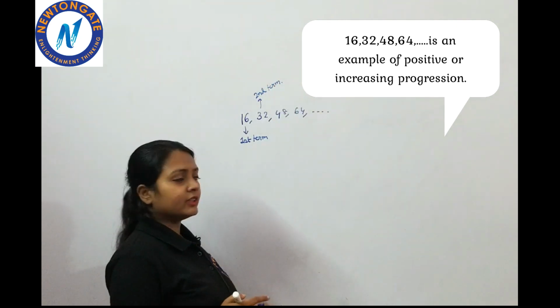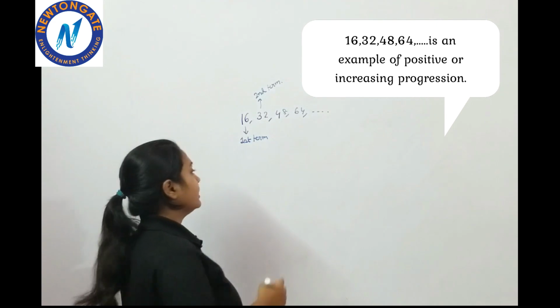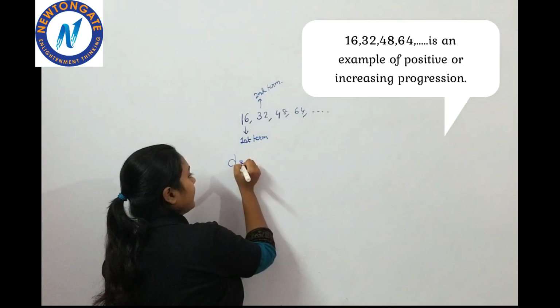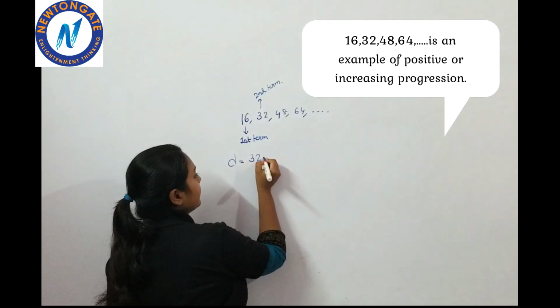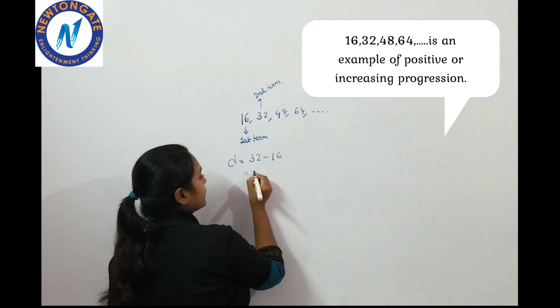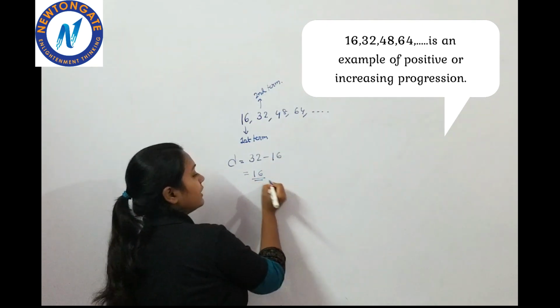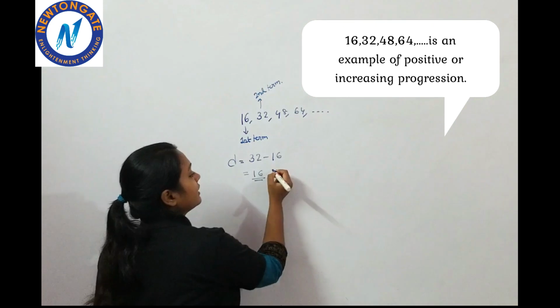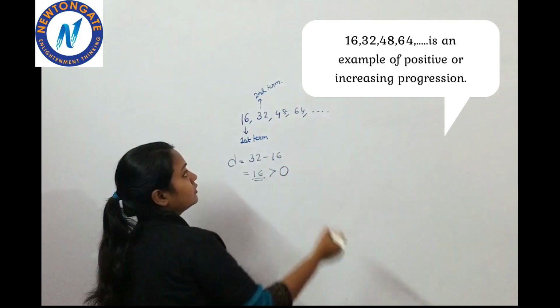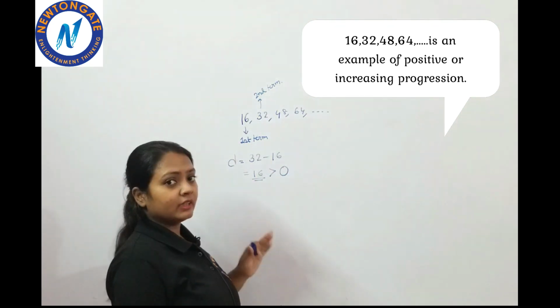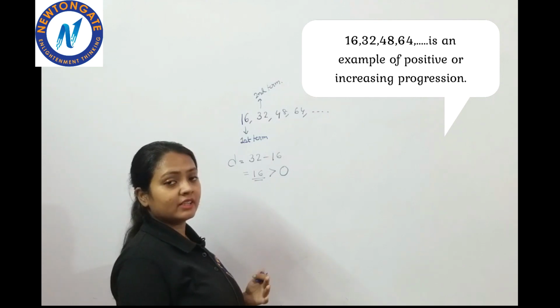Then the common difference between these two terms, denoted by D, is 32 minus 16 is 16, and it is a positive number greater than 0. So this progression is an increasing progression.